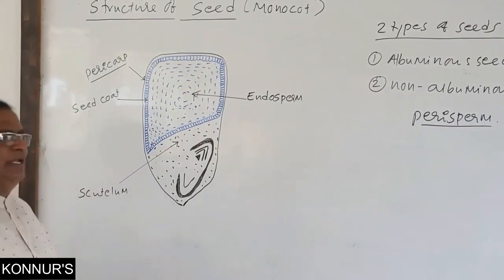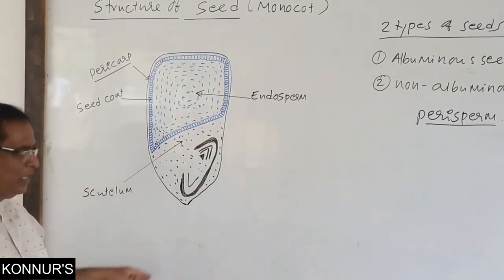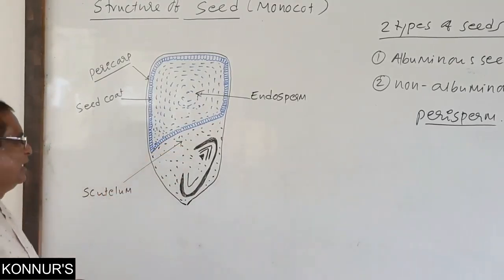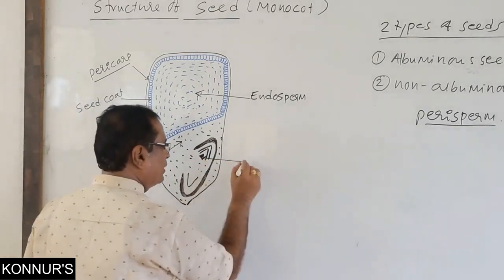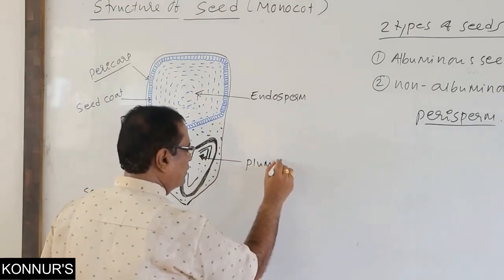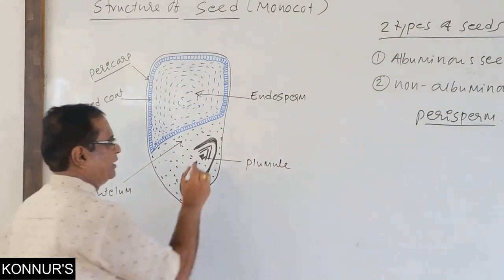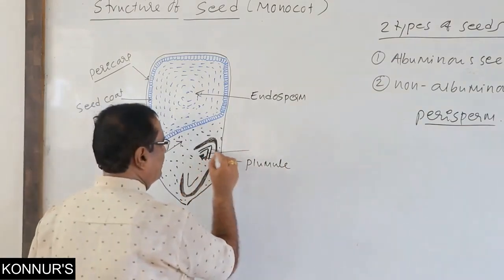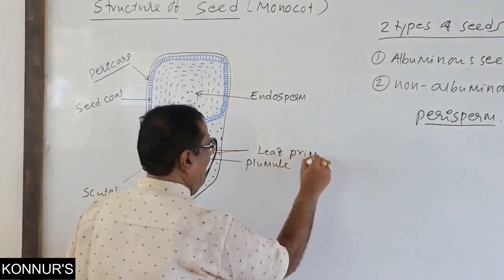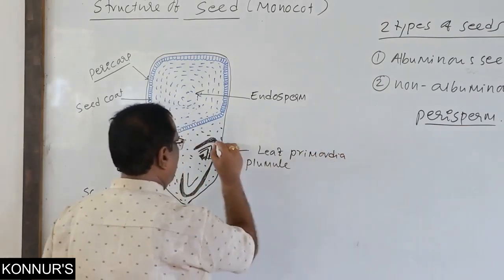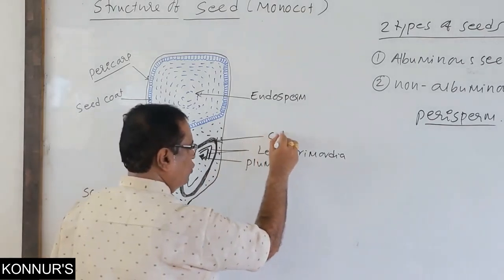And at the lateral side of this scutellum, the embryonal axis is there, and that embryonal axis is having plumule, the shoot apex, covered by leaf primordia and a hollow foliar structure, coleoptile.